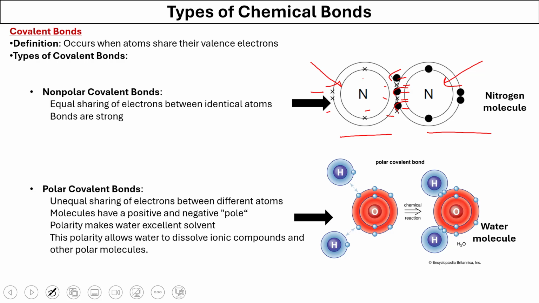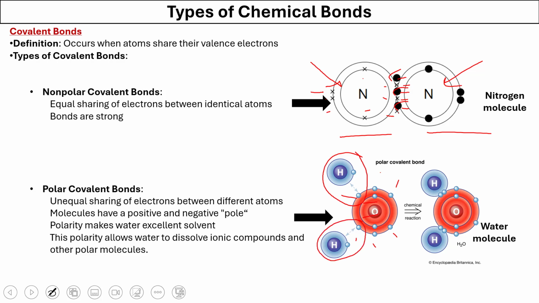A polar covalent bond is, for example, water. Here you have oxygen, which has 2 electrons in the first shell. In the second, it has 1, 2, 3, 4, 5, 6. To complete its outermost shell, it needs 2 electrons. It will share one with this hydrogen and share the other with this hydrogen.